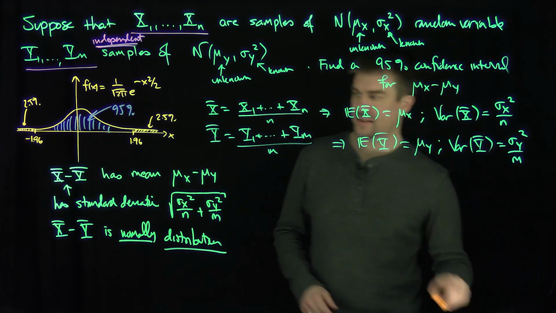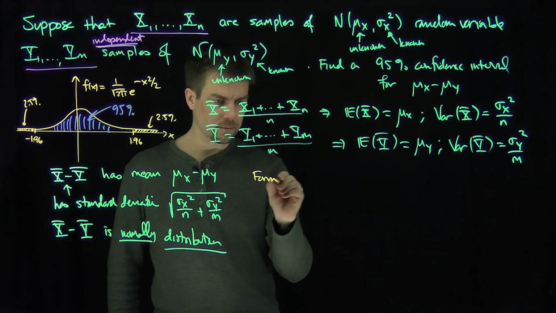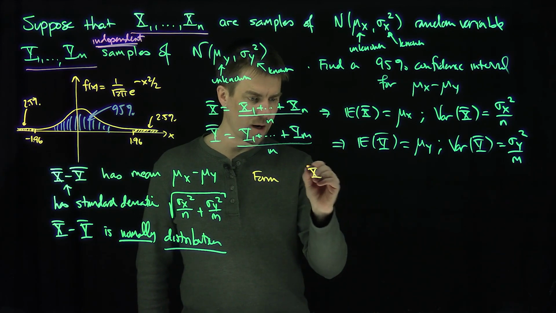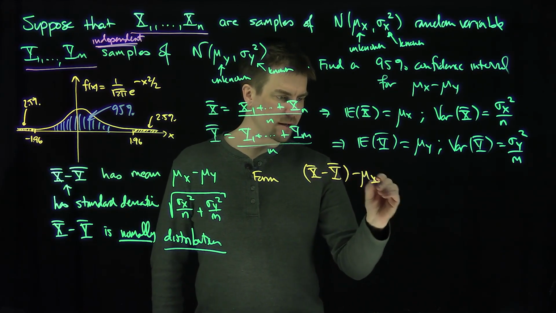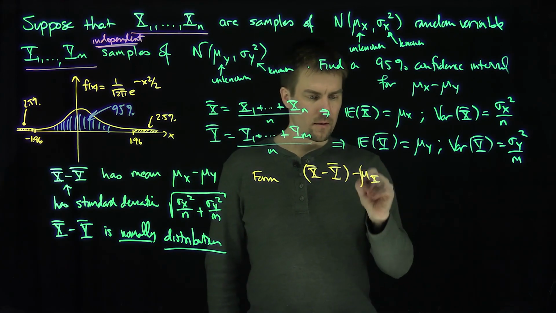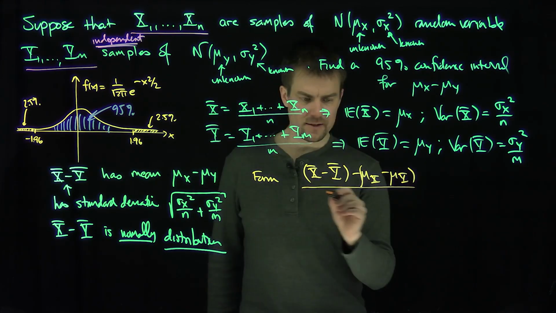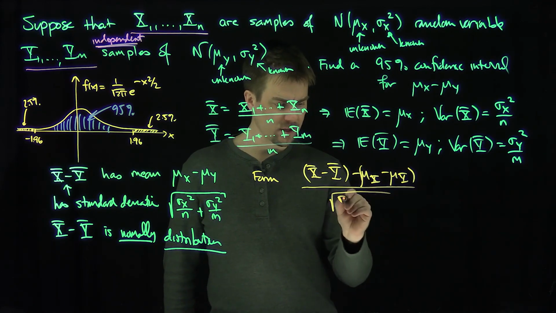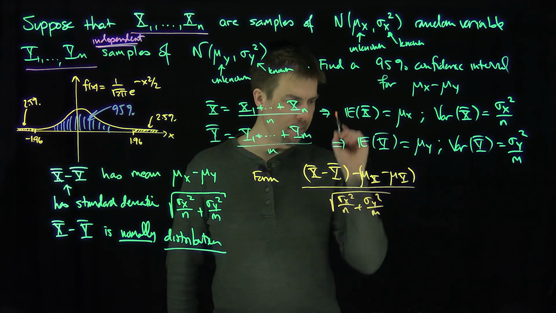And so now I can form a test statistic from this. We form x bar minus y bar, minus mu x minus mu y, over the square root of sigma x squared over n plus sigma y squared over m.